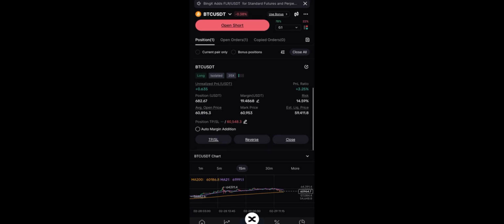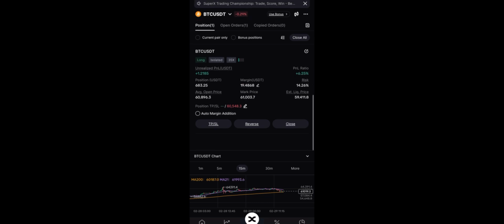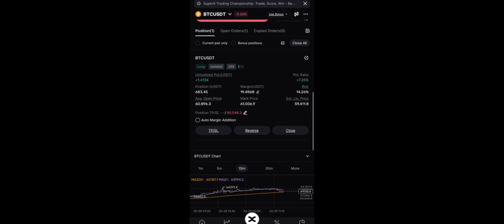You can see that on the left-hand side. Average open price is the price that I opened up the trade at. To the right is the mark price, which is the price of Bitcoin at the moment. Above that is margin, which is $20, or $19.48. Risk 14%, and then estimated liquidation price 59,411. All right, so that's how you would read the trade.